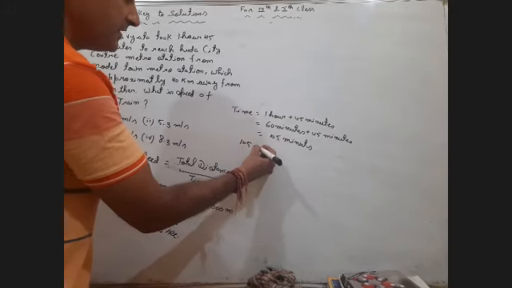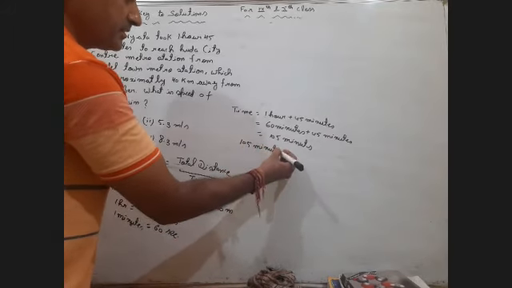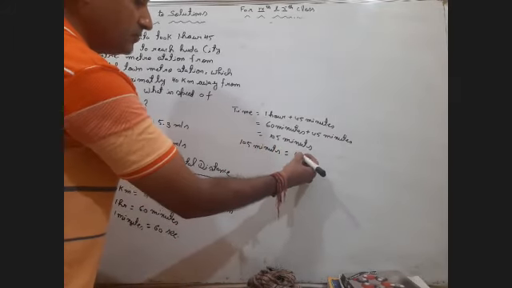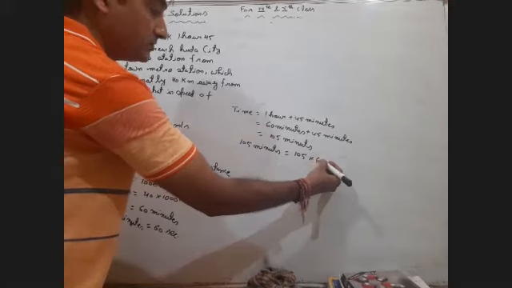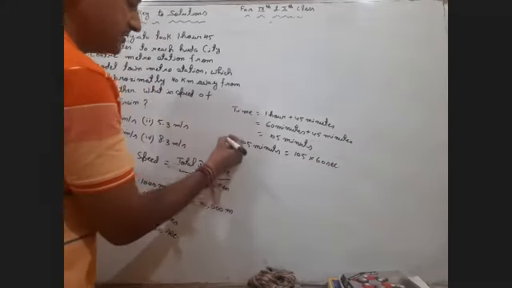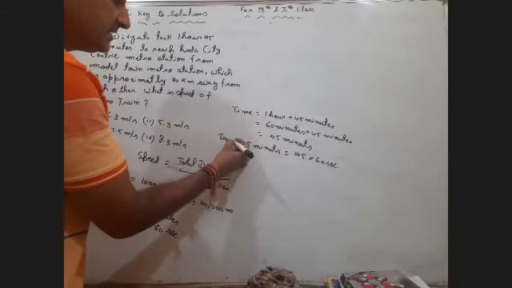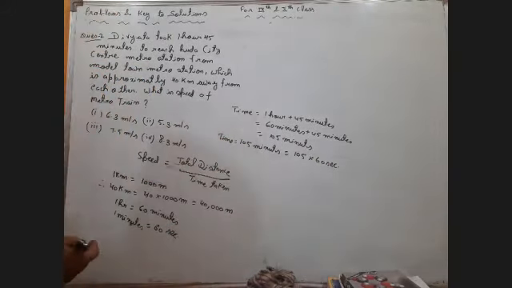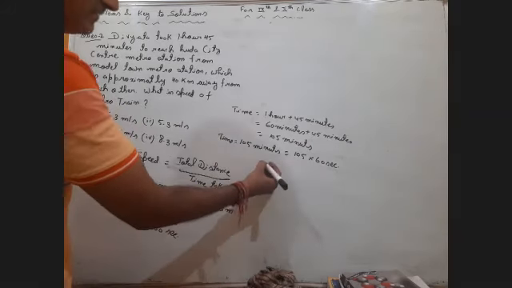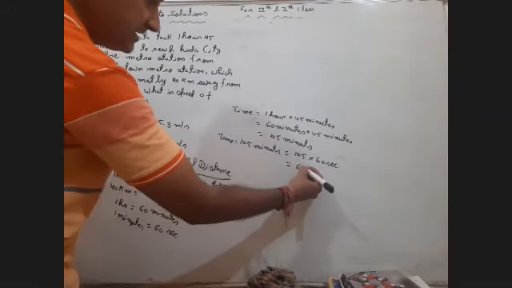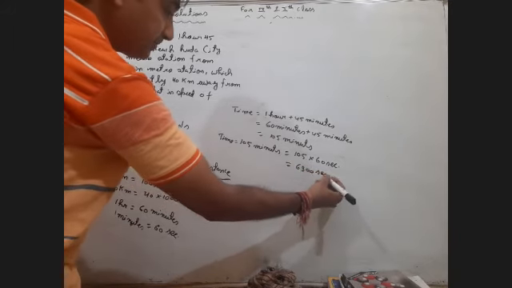So we have to convert it into seconds. So 105 minutes is equal to 105 into 60 seconds. So time in seconds is 105 into 60, which is 6300 seconds.